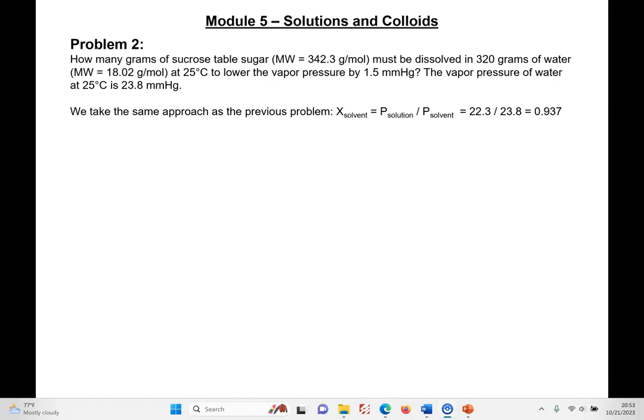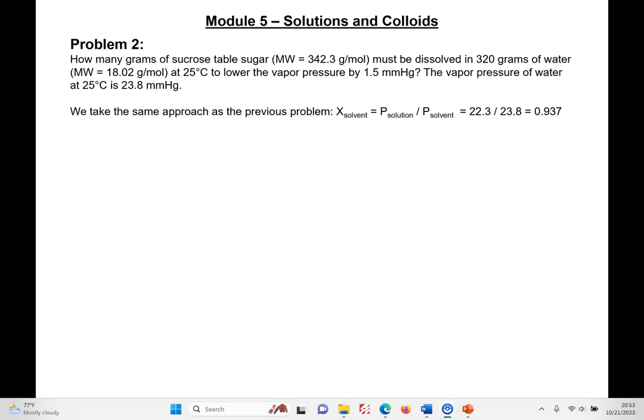So let's see if we can figure this out. We're going to take the same approach as the previous problem. We know just one compound. So we know that chi of the solvent is going to be P of the solution divided by P of the solvent. We have both of those things, 22.3 and 23.8. Where did we get the 22.3? Well, that's 23.8 minus the 1.5 millimeter pressure drop.